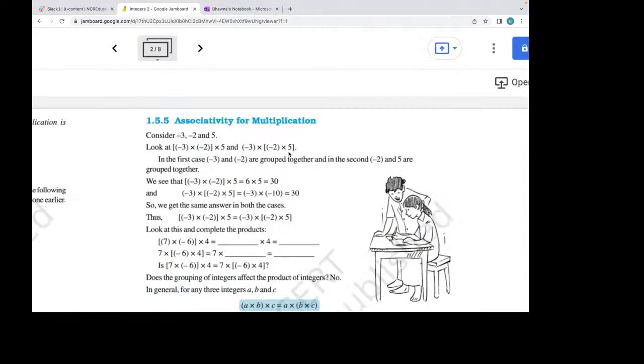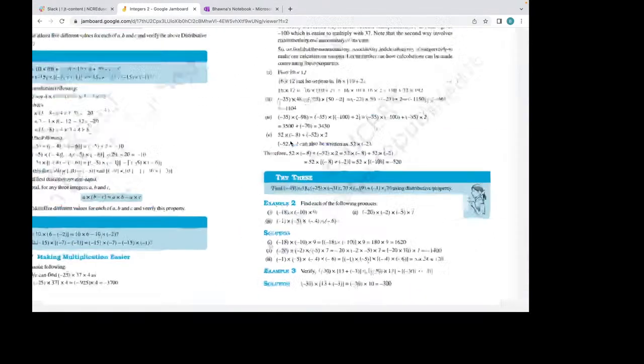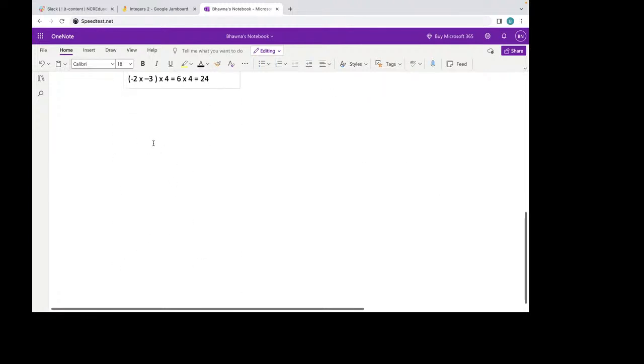We have learned the distributive property for integers as well, and we figured out that yes, they follow the distributive property. Now we are going to understand the distributive property of integers for multiplication. Let's take an example of that.